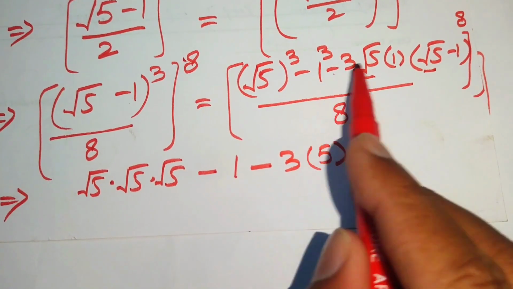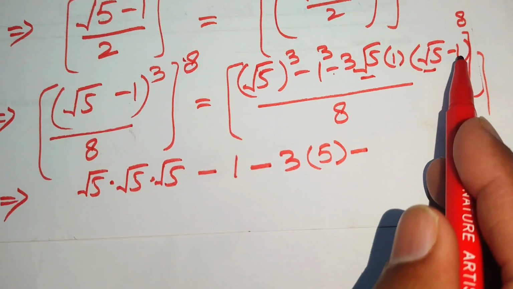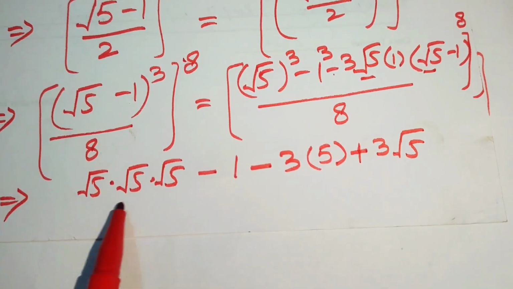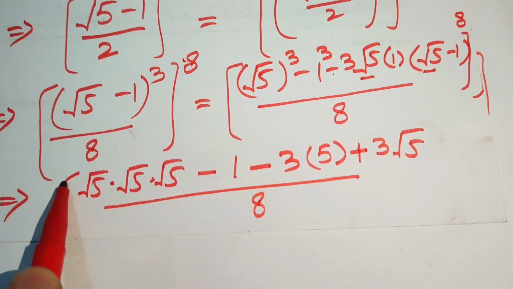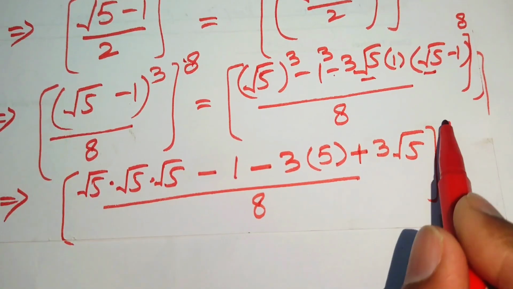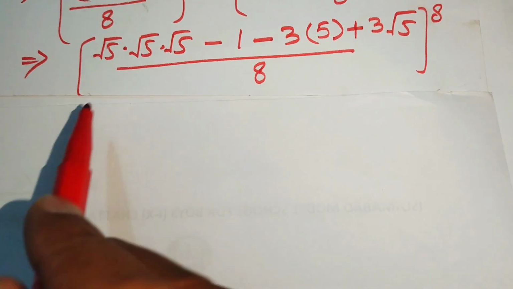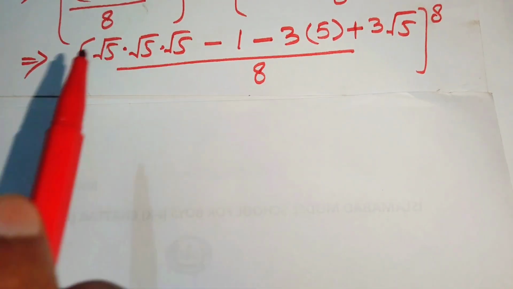And when we multiply this negative, minus 3 into square root of 5, by minus 1, then you get plus 3 into square root of 5, and this is divided by 8, and its whole exponent is also 8.